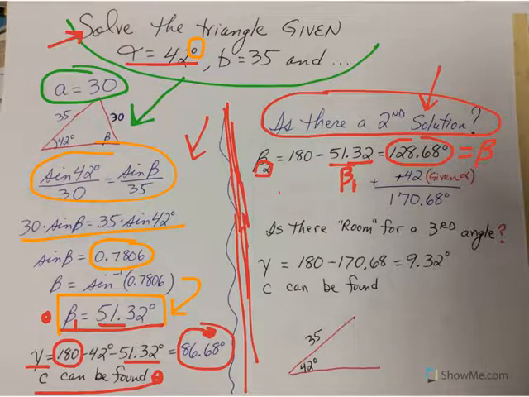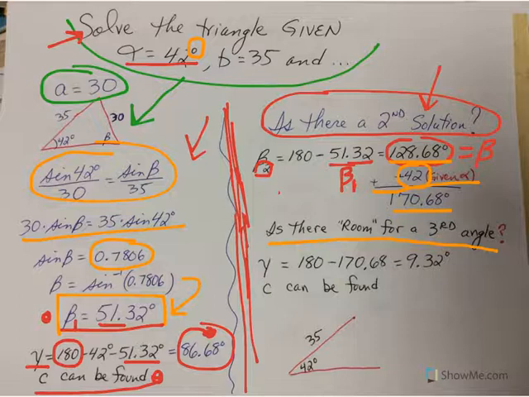So if I take beta, this solution here, 128.68, and I add the given angle from the original problem, those two angles add up to 170.68 degrees. Now, is there room for a third angle?